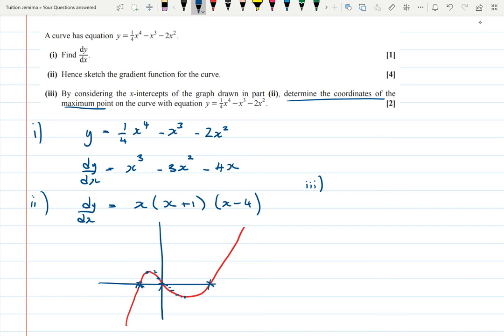So for example, the x-intercept here, although it's 0, so you've got a turning point, it's increasing and it's going from negative to positive. So there, that would represent a minimum. This one would represent a maximum, and this one would represent a minimum.